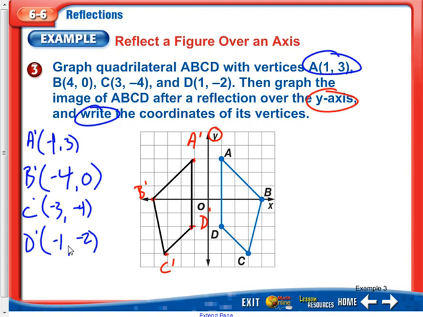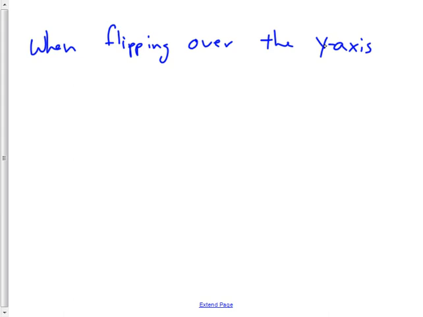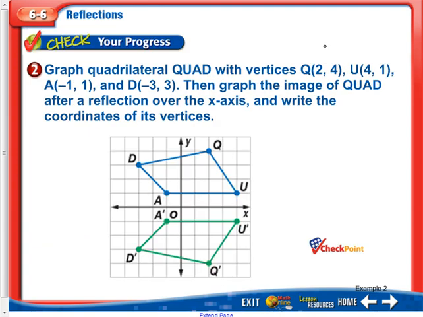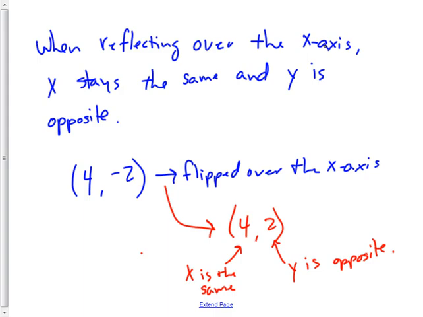-1 is opposite. So we need to add a little note here somewhere in your notes, so we can keep track of that, okay? So when flipping or reflecting over the y-axis, okay, before we wrote when flipping over the x-axis, X stays the same.